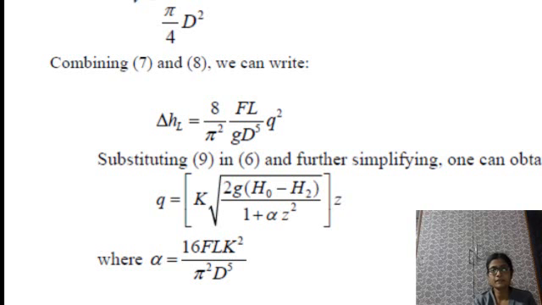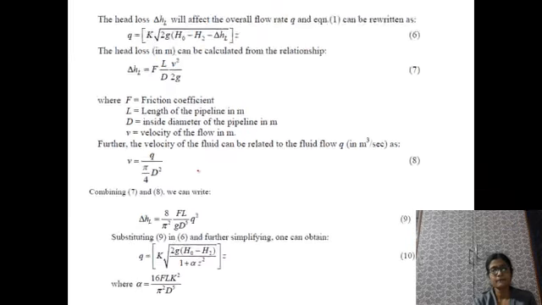So further, the velocity of the fluid, this V, can be related to the fluid flow Q as Q by pi by 4 D square, that is the area. So from this expression of delta HL, if we put V over there, then delta HL is like this, and putting that into the Q value, we will get Q as a function of this, where alpha is a constant, f L by K square.